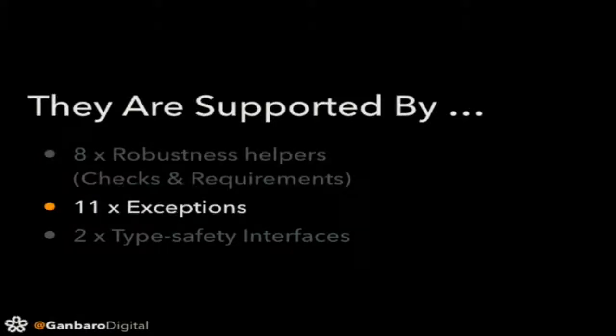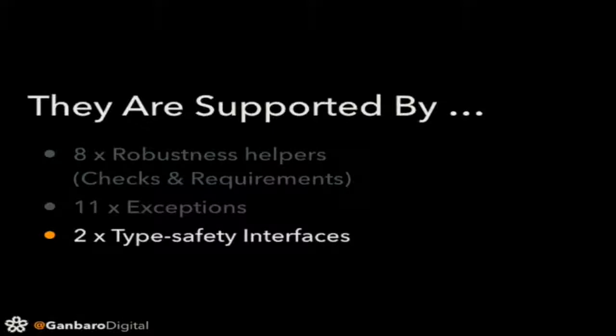There's a total of 11 exceptions that can be thrown, including interfaces and base classes. And there's 2 type safety instances, which we haven't mentioned yet, but we're going to go into in a moment, to help us enforce type safety across the pipeline. Like I say, that took me about 16 hours from start to finish to build. It's very easy to knock out these pipelines once you know how to do them.